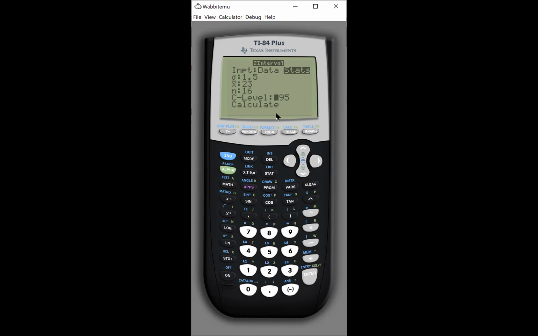On the TI-84, it doesn't matter if you put 0.95 or 95, it will still give you the same answer. I'll put 95, go to calculate, and we get the same answer. So that's how you find the confidence interval using the TI-84. Any question for the TI-84?